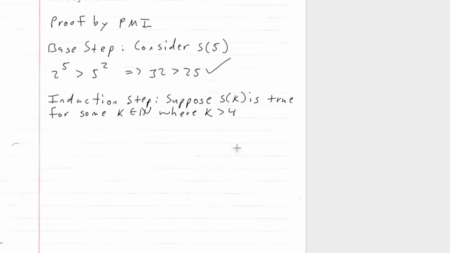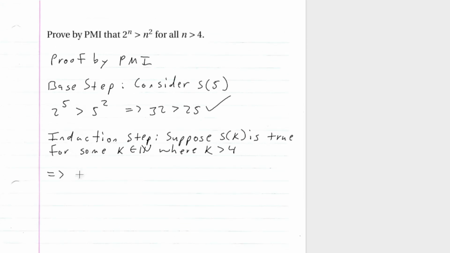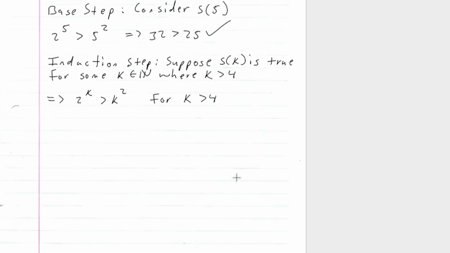So this implies that 2 to the k is bigger than k squared, for k bigger than 4. All right, so now, assuming that the statement involving k is true, we want to prove that the statement involving the next integer is true, aka k plus 1.